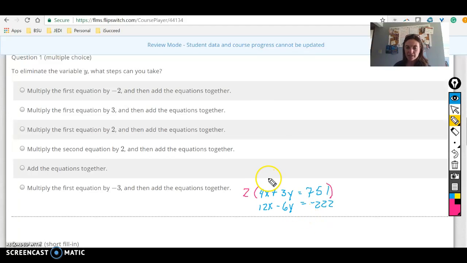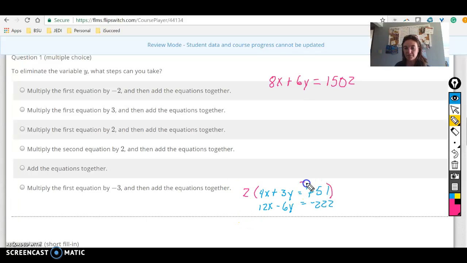So when I do that, I'm going to get 8x plus 6y equals 1502. If you multiply one term by a constant, you've got to multiply them all.